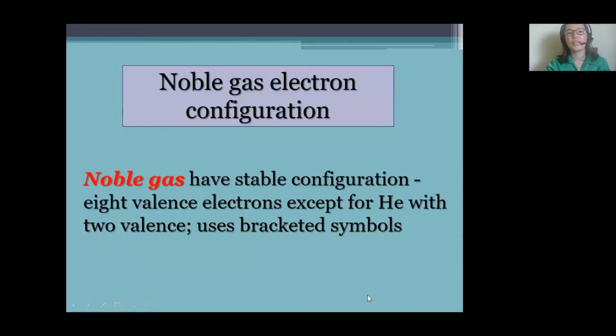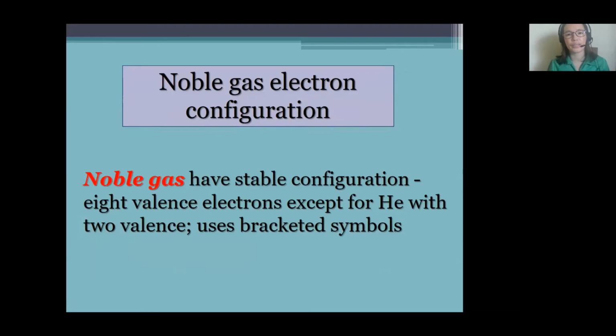Okay. So another way of writing electron configuration is actually the shortcut for the Aufbau principle. Here, we call it the noble gas electron configuration. Why noble gas? Because the noble gases are the only family that we consider stable. Why?